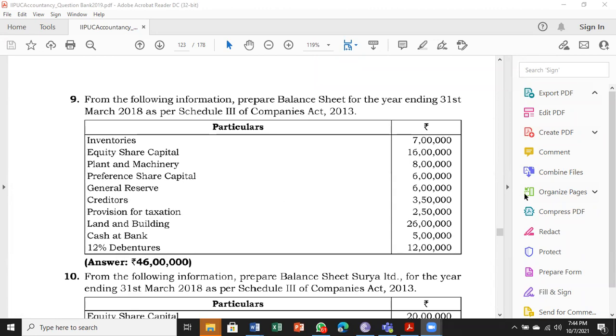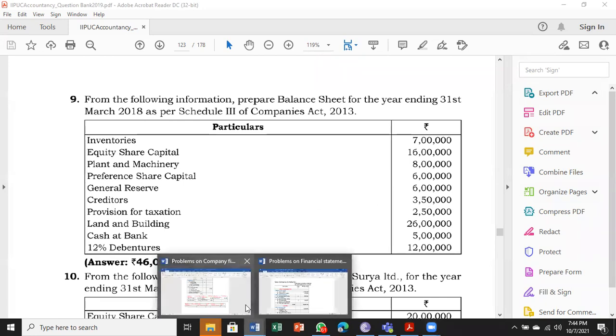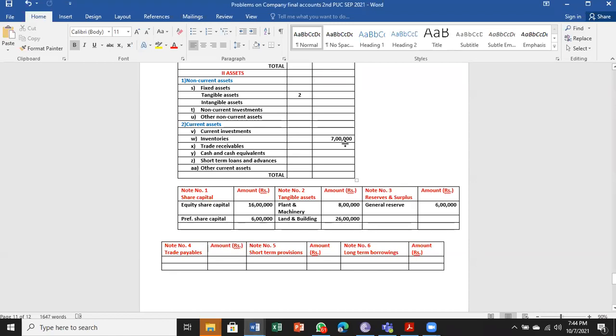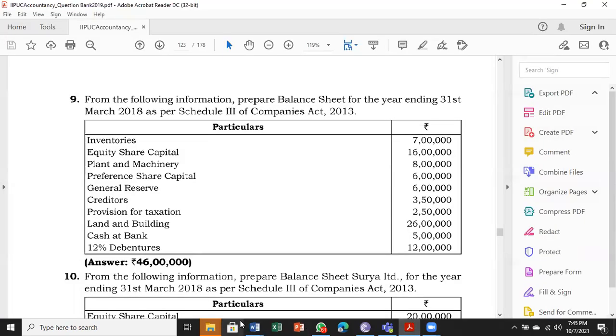I have done up to general reserve, 6 lakhs I have taken. I was talking about creditors. Creditors is a liability. It's a current liability. So it comes under trade payable. Remember? Creditors amount 3,50,000.